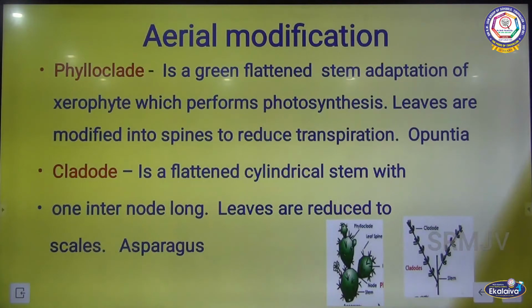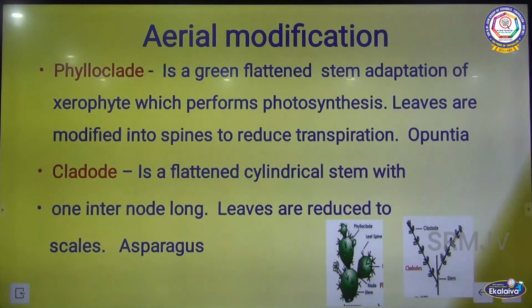When we look into the aerial modification, here you can find phylloclade, which is a green flattened stem which is an adaptation of a xerophyte which performs photosynthesis. And this stem is modified to perform photosynthesis, and the leaves are reduced to spines, and these will reduce transpiration.